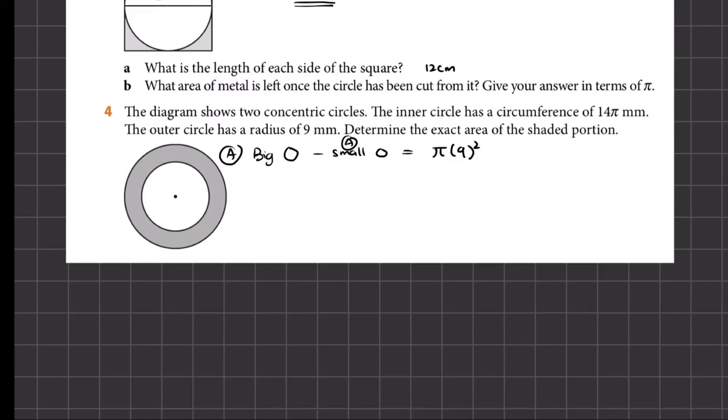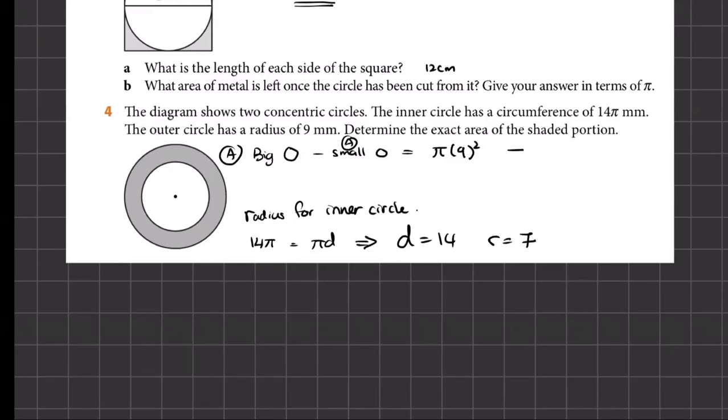So we need to find the radius for the inner circle. So here we have 14 pi. 14 pi is the circumference, which is pi d, which makes diameter equal to 14, radius equal to 7.